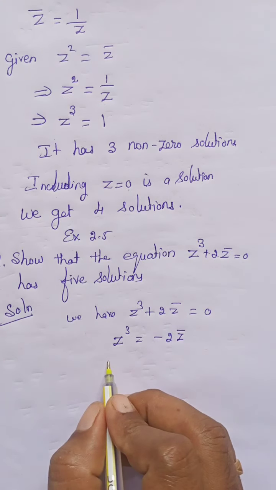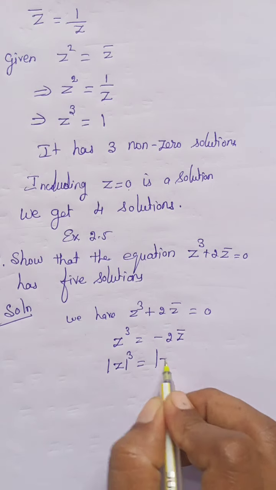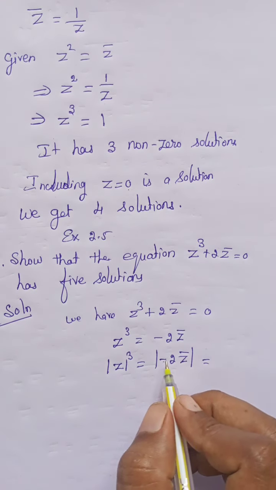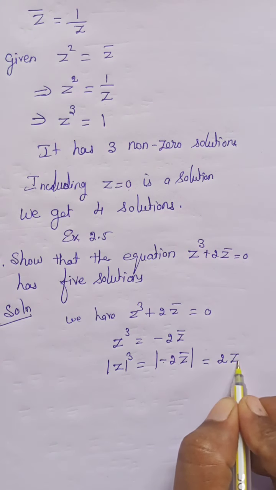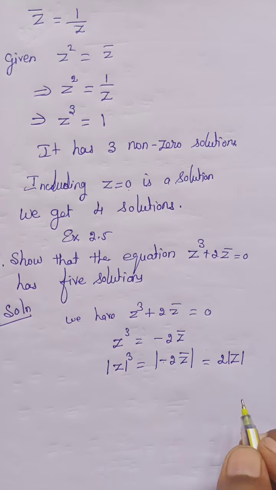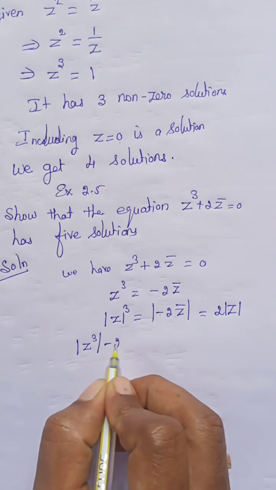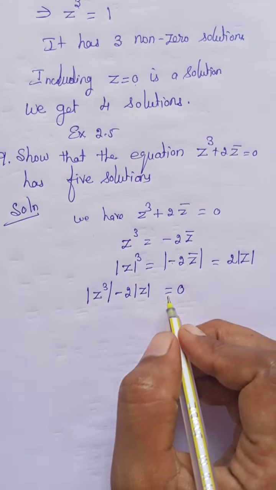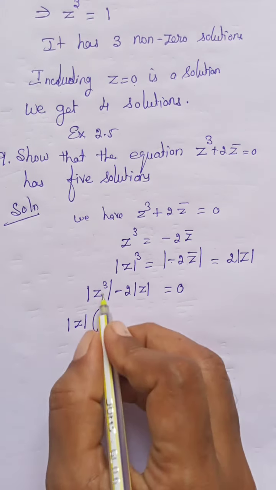Now shall we take the modulus? So we get modulus z cube is equal to modulus minus 2 into z bar. Inside the modulus, automatically we can take it as 2. Modulus z bar can be written as modulus z. So modulus z cube minus 2 into modulus z is equal to 0. Now modulus z is common, we can take it out.